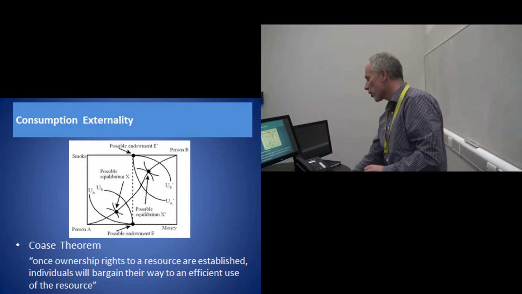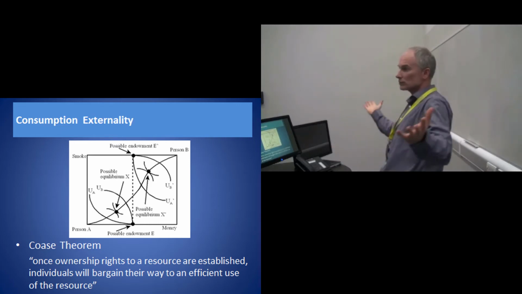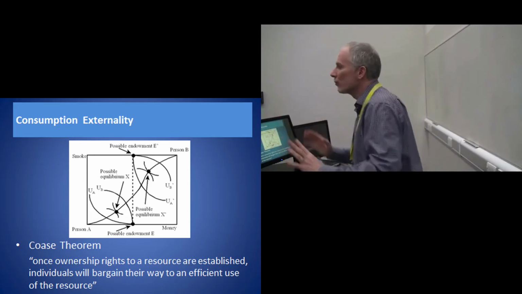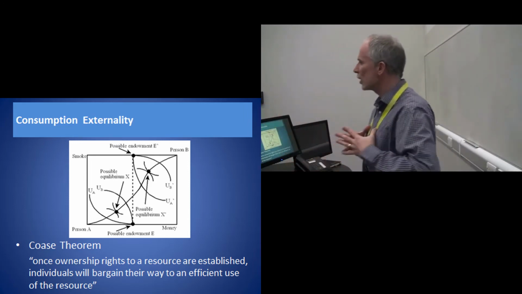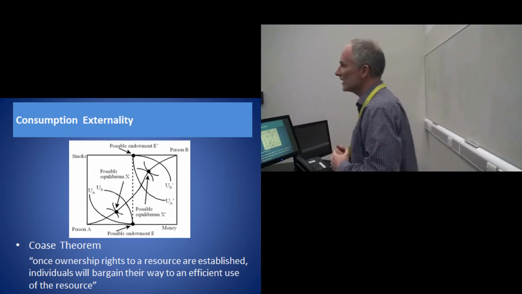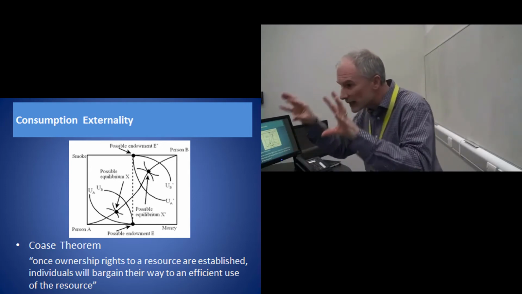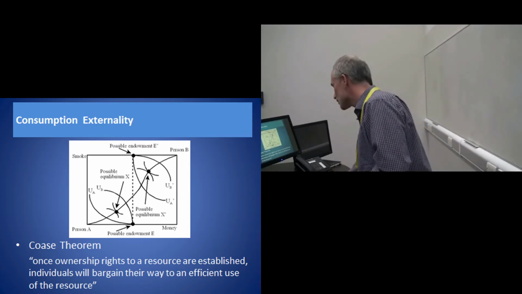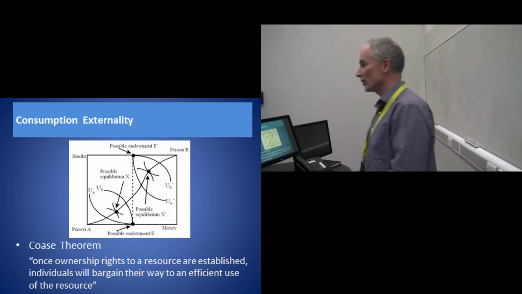The first part: once ownership rights to a resource are established. Well, how did I start this off? I said, let's assume that person B has the right to clean air. Person A is not allowed to smoke. That's clearly defined the ownership rights. And once we've done that, that pins down our initial endowment to that point there.